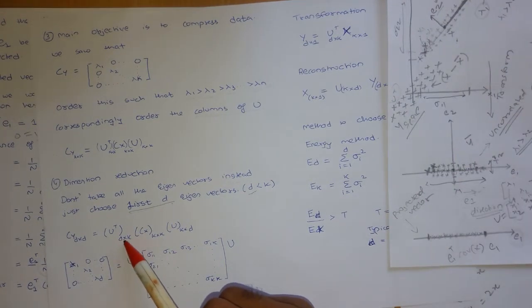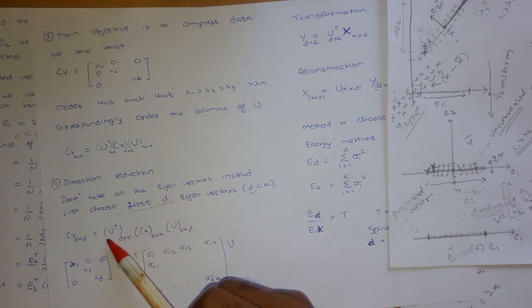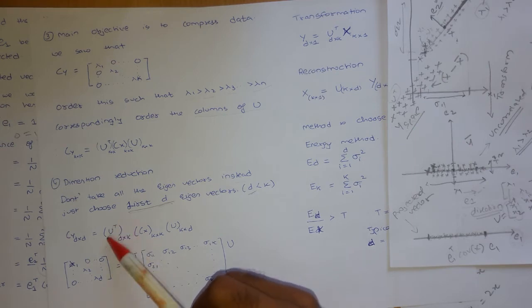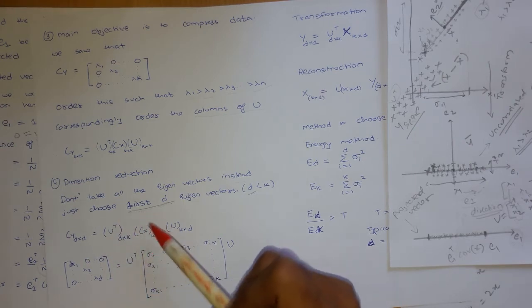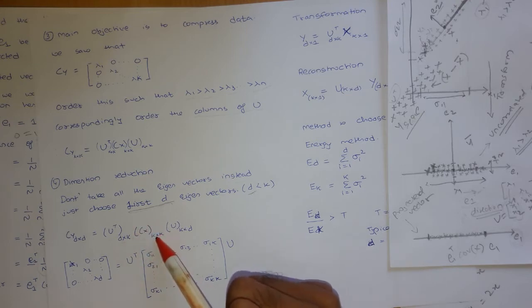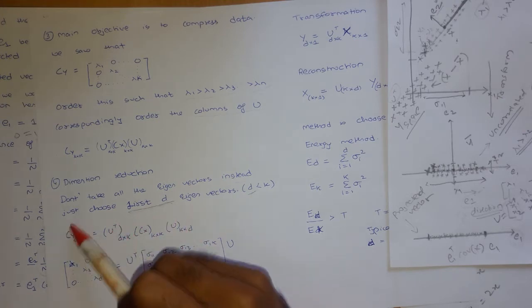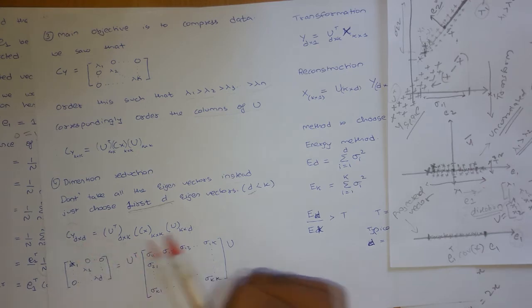Because you are choosing only the first d eigenvectors, this will have only d rows because this is the transpose. So d rows cross k, we have not changed anything about the covariance of X, and there will be only d columns. When you multiply this, you can see the covariance of Y will now be d cross d.